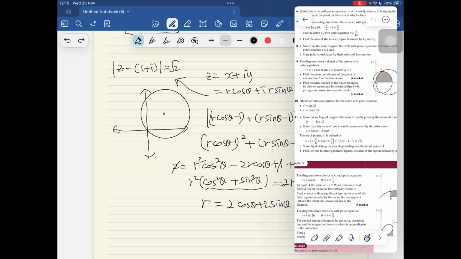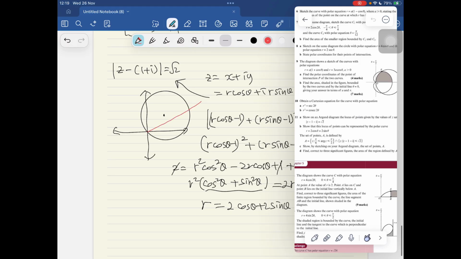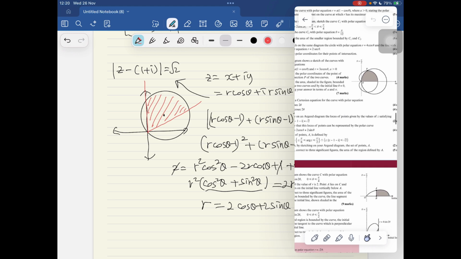So maybe between here to here and inside. So this one, like this.